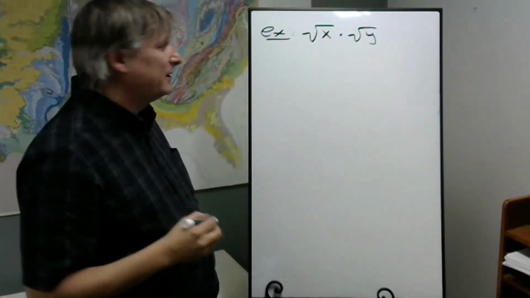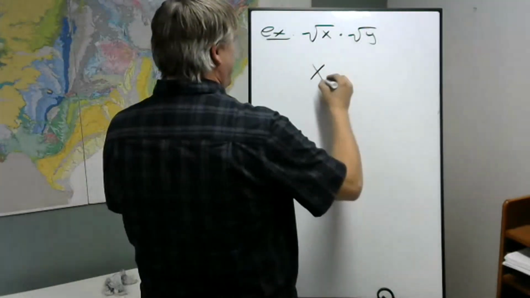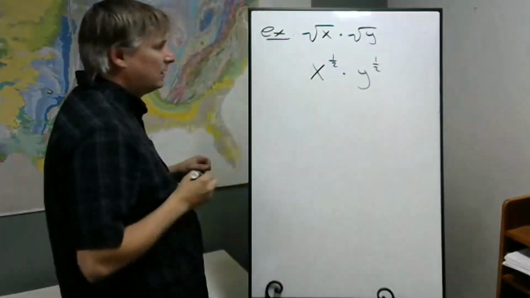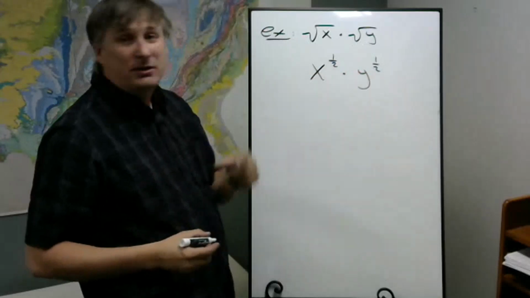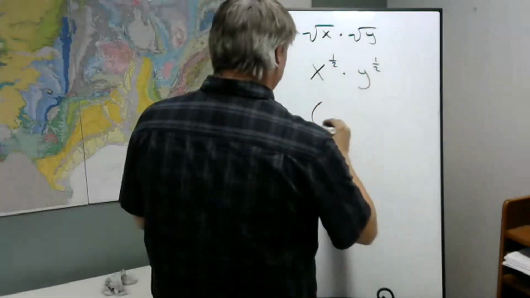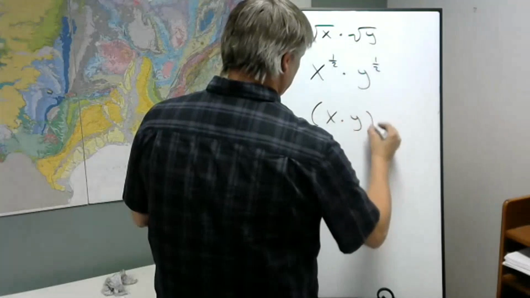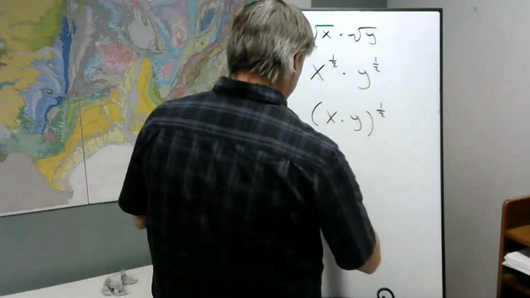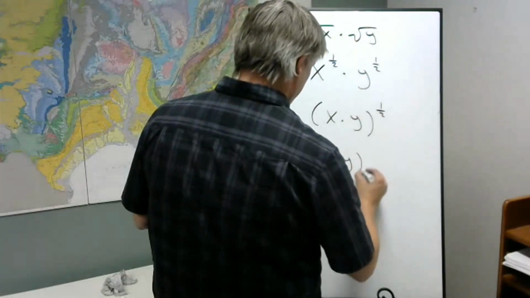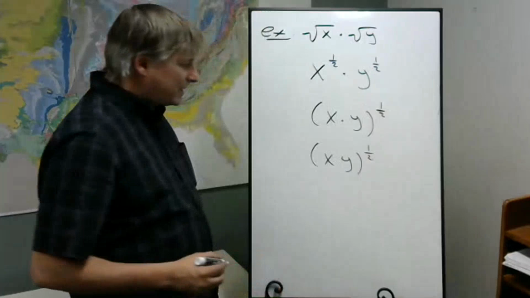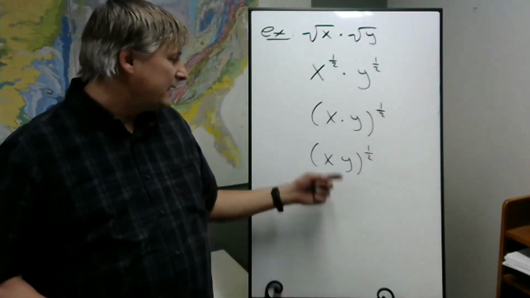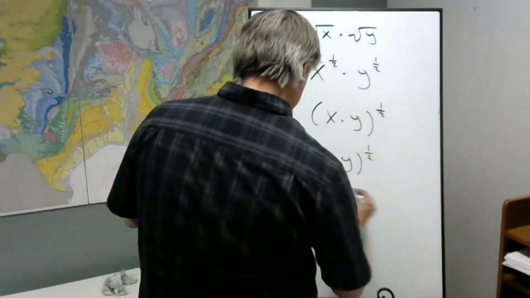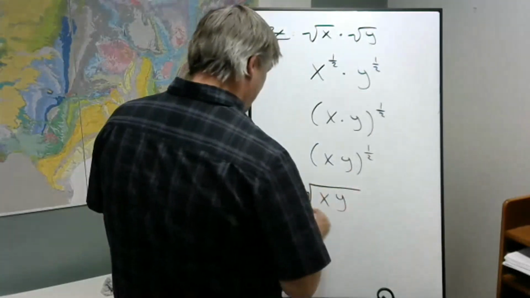So what you could do here is treat this as x to the 1/2 times y to the 1/2. And then you can act as if we had distributed that 1/2. And again, we had distributed it as an exponent. So it's xy to the 1/2. And then we can convert this back to a root to get this.